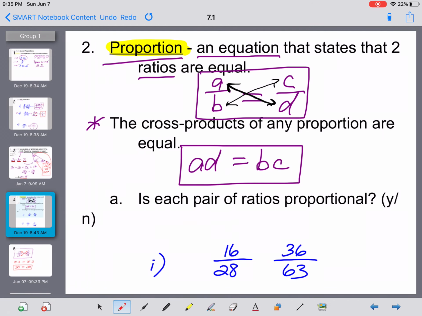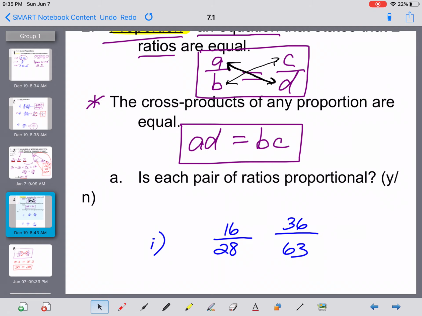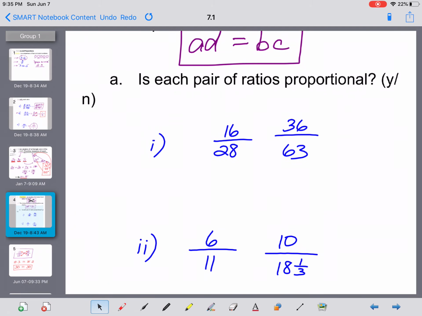All right, let's go back to this slide we were just on a moment ago. So example A asks you the question, is each pair of ratios proportional? It's a yes or no question. So what we really want to know is, are these two fractions equal to each other? And there's a couple of ways to check this, but the most direct way would be to try to use that property we just wrote.